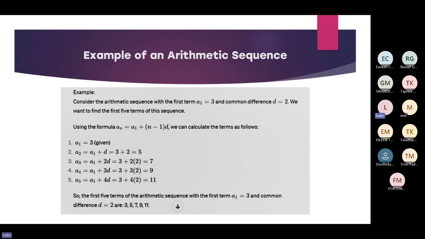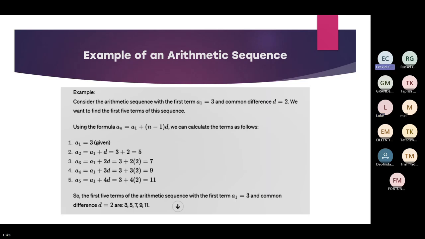We are just taking the 4 that we have as our nth term and putting it into the brackets. Then we say 4 minus 1, we get 3. Then we multiply by our given D, which is 2. Then we are saying 3 plus 6, then it gives us 9. The same applies with A5. I hope the example that I've given is clear enough.